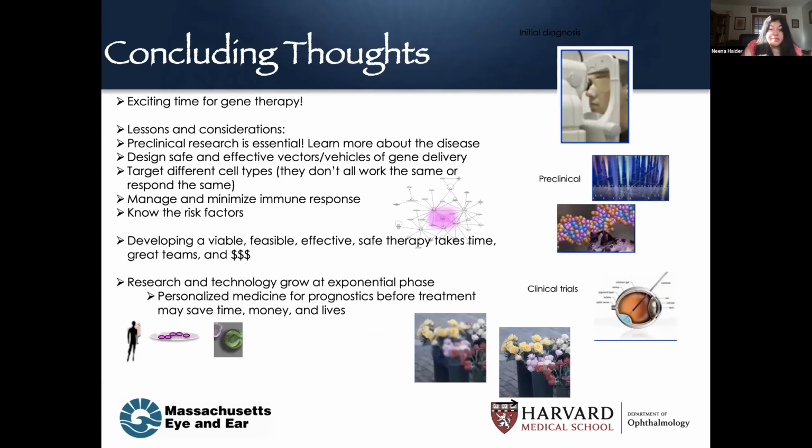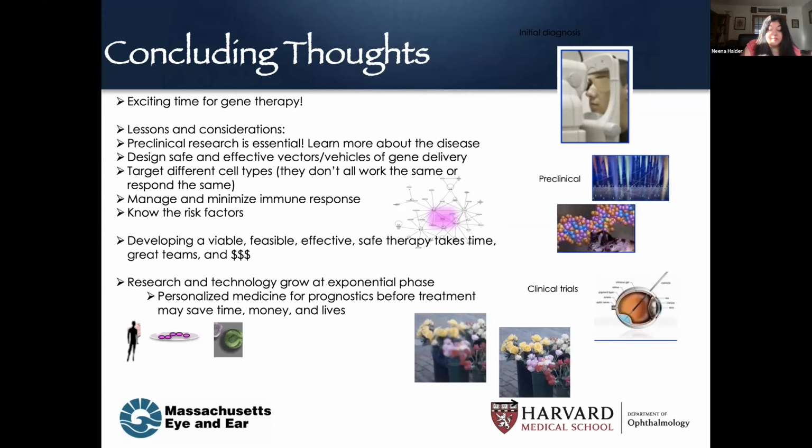So in conclusion, I think it's always an exciting time to do gene therapy work. We're in a period of time where, as science occurs, what's hot today a few years from now might be obsolete and there'll be something newer and better. And it's great to be in that period of time where we are exploring the different vehicles of delivery for gene therapy. We've done tremendous work in terms of designing and developing models, and preclinical research is essential.